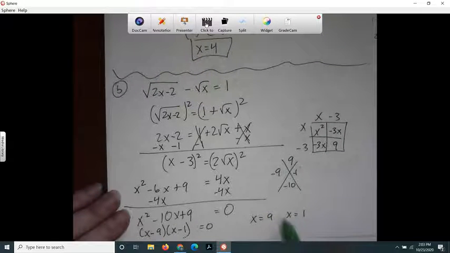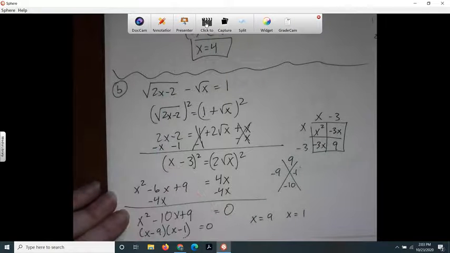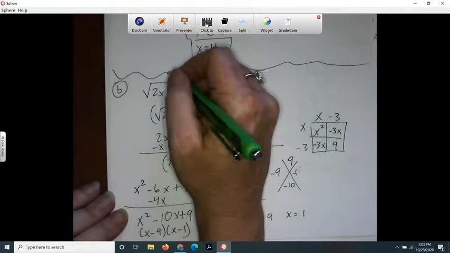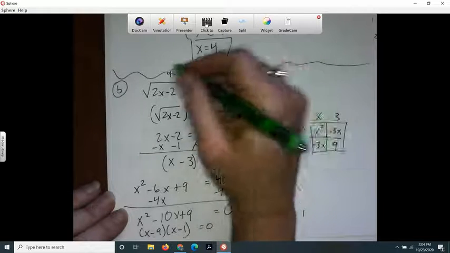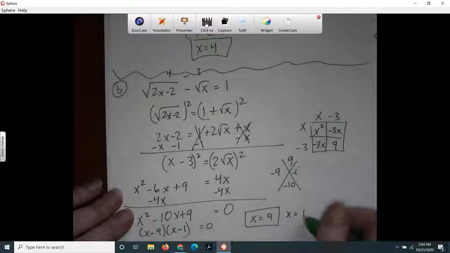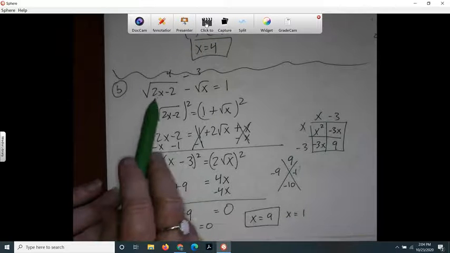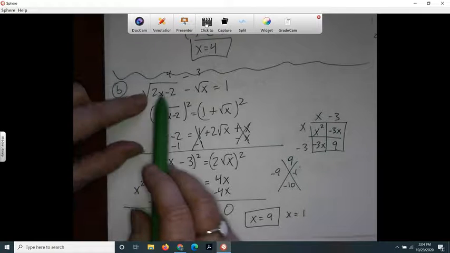So when I check with the 9, 2 times 9 is 18, minus 2 is 16. Square root of 16 is 4, minus 3, and that does equal 1. So that one works. Check out your 1 though. 2 times 1 is 2.